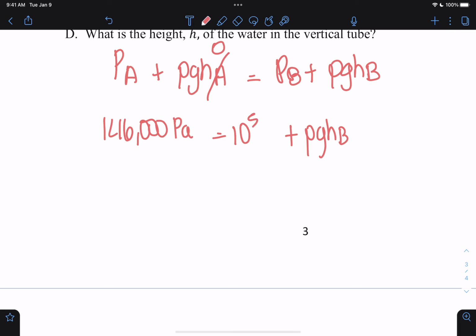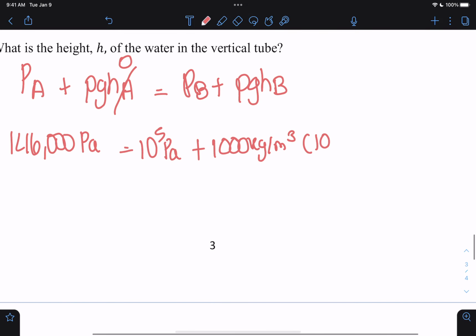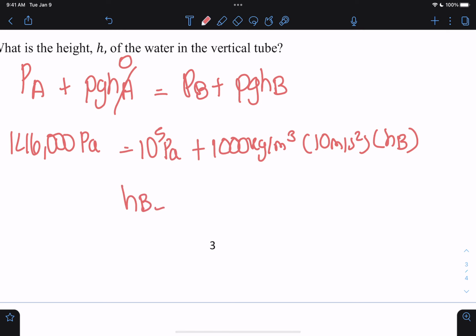So 10 to the 5th pascals is your pressure at point B. And then you have your density of water, which is 1,000 kilograms per meter cubed, times your gravity, 10 meters per second squared, and then times your height that we want to figure out at point B. So if you solve that out, you should be able to get 4.6 meters for the height at B. So this height here from there to there goes upwards of 4.6 meters.